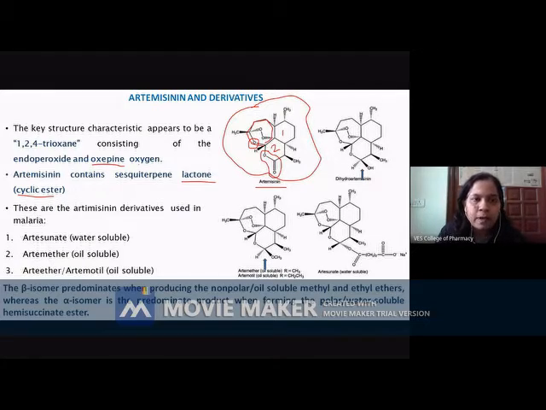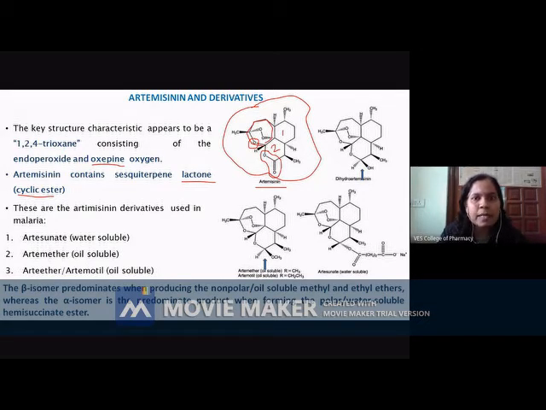I suppose you must have come across some drugs which contain the azepine ring. So this is a 7-membered ring with oxygen, which is why it is called an oxepine ring. As well, this 7-membered ring is connected to the center of these two 6-membered rings with the help of a peroxide.